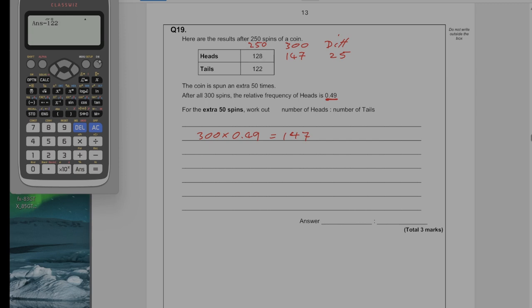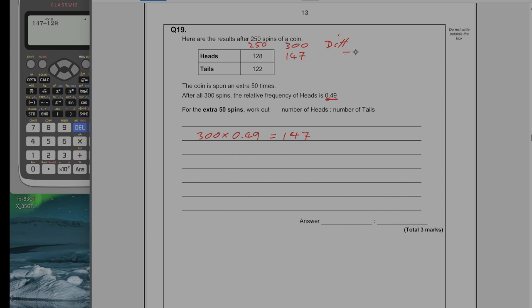I typed in 120 to my wrong value. So I'm doing 147 minus 128, which gives us 19. So that should have been 19, a difference of 19. Which means we don't need to work out that total. If it was done 50 times, that would mean we've got 31 there. Right, so number of heads then, just checking I've got this the right way around. So we're looking at 19 to 31.